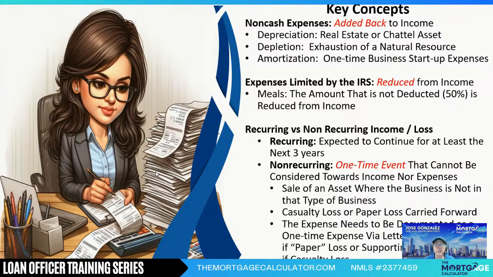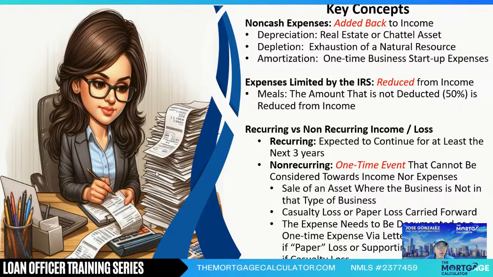Now, this one is the tricky one. It has to specifically state amortization. Now, if it does not state the specific word amortization, but the accountant puts business startup expense, you may be able to get away with that one because they essentially mean the same thing, right? If they're identifying it as a business startup expense, because then they're probably going to write that off for the next couple of years or write off a certain amount.